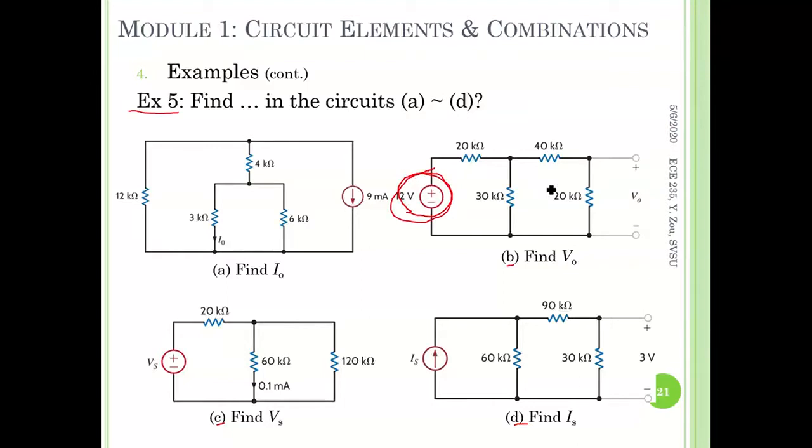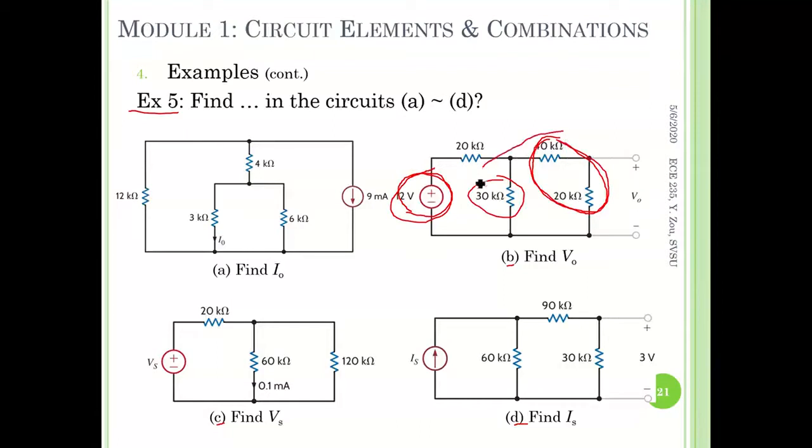If there are more than two elements in the circuit, you need to combine them to become two, and then you apply the voltage divider equation. That's a very, very important thing. So to do that, obviously we can clearly see a series connection between these two. After that, this one is parallel with 30.